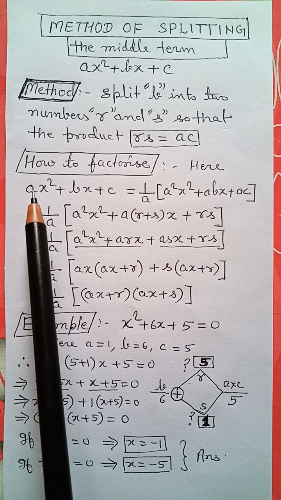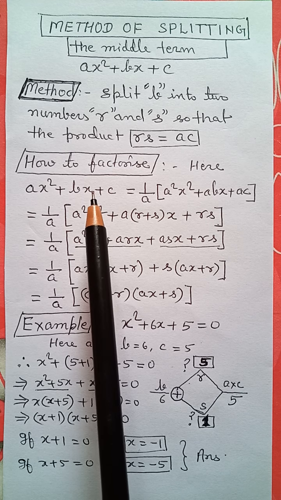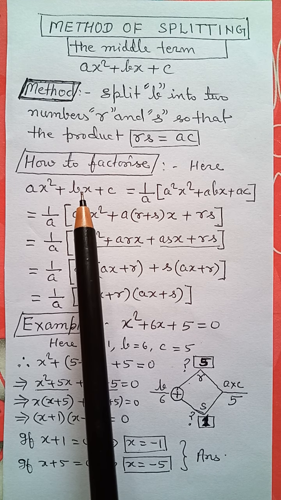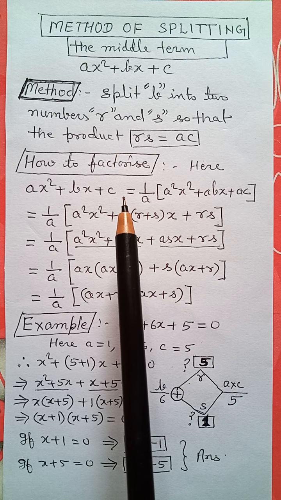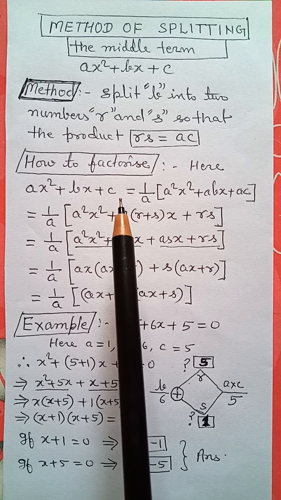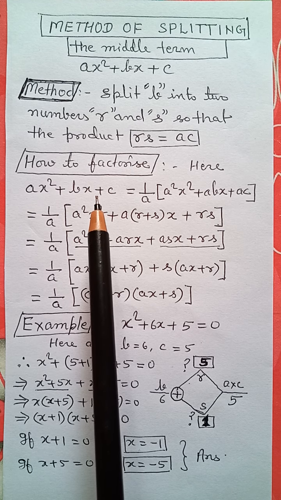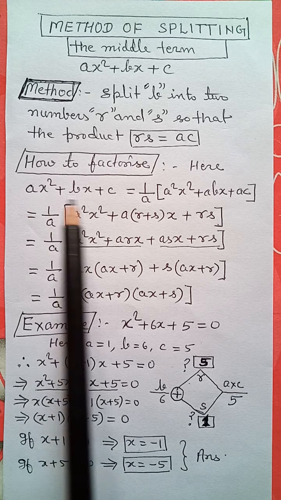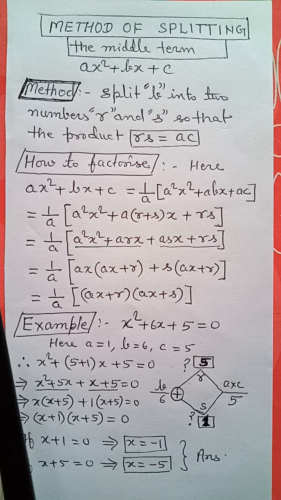That means we have multiplied this expression by a and divided the expression by a. And this action has contributed nothing to this expression. Therefore, this expression is equal to this expression.